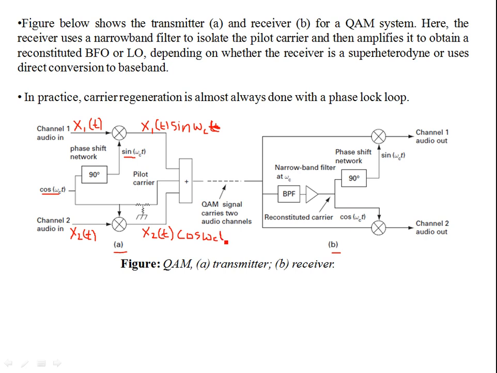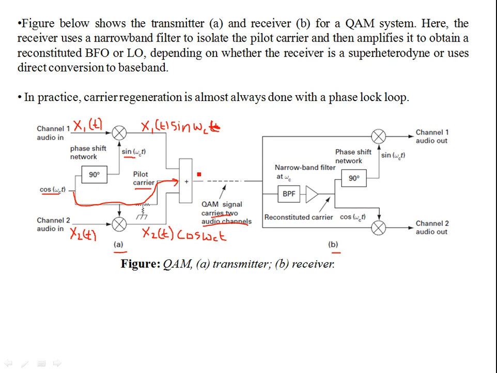Besides these two signals which are going to share the channel, so the QAM signal carries two audio channels, we are also transmitting a pilot carrier. This pilot carrier, cosine omega c t, is added to the channel.